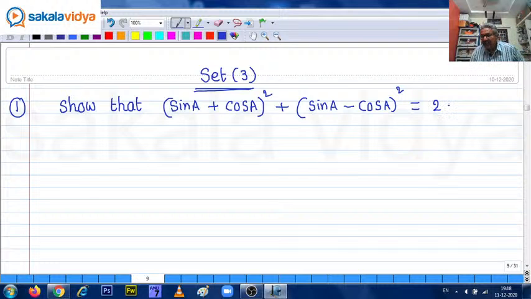So let us do this problem. Show that sin A plus cos A whole square plus sin A minus cos A whole square is equal to 2.